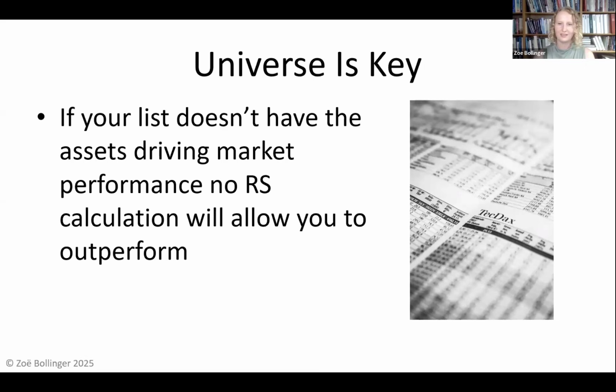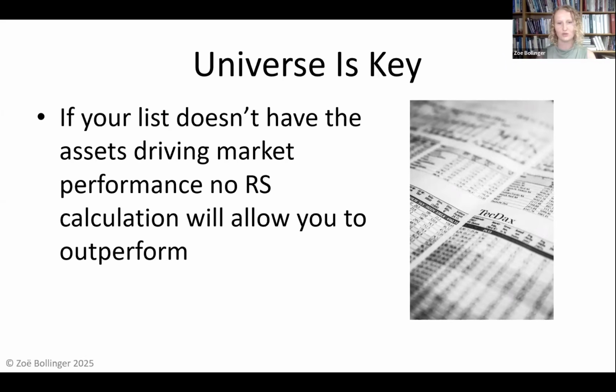The real underlying piece here is that the universe of stocks, or the universe of assets that you're looking at, you can tell I trade more stocks than anything else, that universe is key. So relative strength is about buying strength. If the list that you are ranking does not have the assets that are driving your market performance, no calculation or slicing and dicing or any of the rest of it is going to let you capture that performance if it's not in your list.